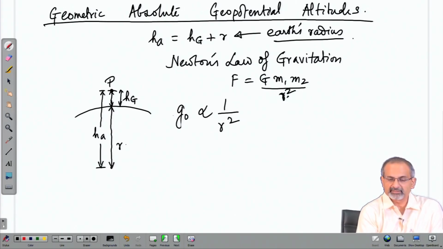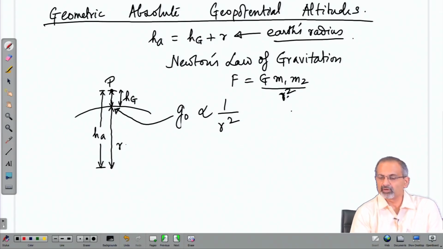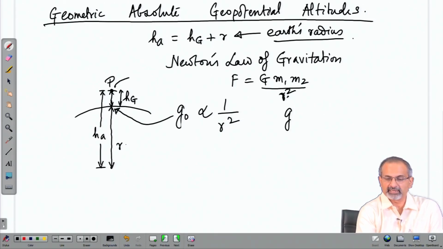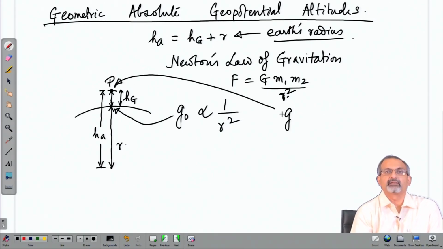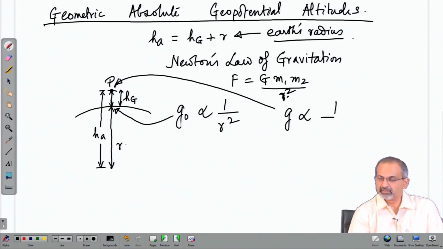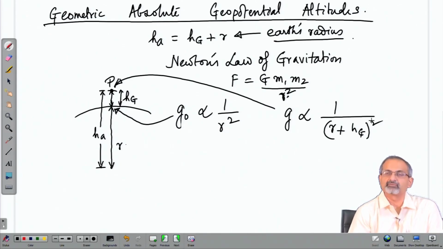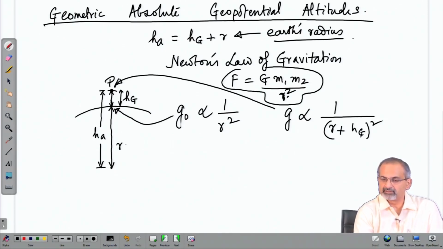That is what it is on the surface of the Earth. If you are interested to know what the g is at a geometric altitude Hg, then that g would be inversely proportional to (r plus Hg) whole square. This we are concluding from Newton's law of gravitation, the inverse proportionality.